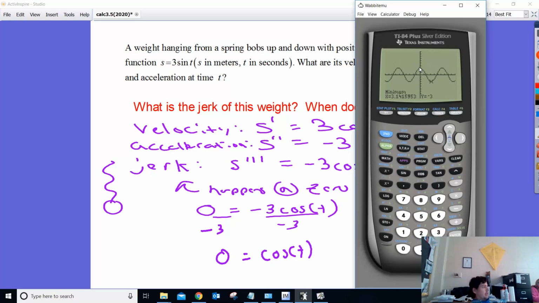There's a jerk here at 0. There's a jerk here at pi. Where do you think that jerk's at? 2 pi, okay? So they're multiples of pi. Now, does this answer make sense? What we have written on paper, does it make sense? It says that 0 is the cosine of t. Well, I think my answer may not actually make sense. I don't know.